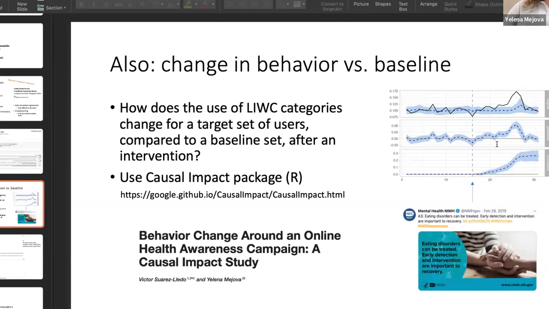It is what you would have seen if there were no intervention. The main point of the model is that usually you need a long time series of data for the model to be fitted before the intervention.